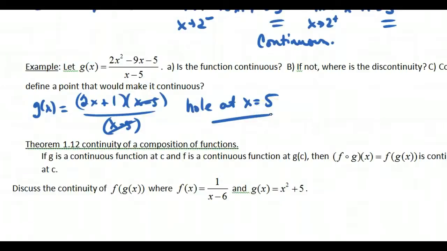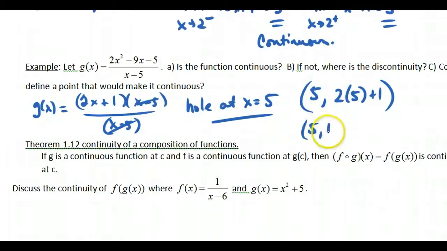All right? And so if I take 5 and plug it into 2x plus 1, I'll get the point (5, 11). Now I went back here, I called this g. I should probably not call it g. You can call it some other function. It's not exactly equal to g once I cancel.